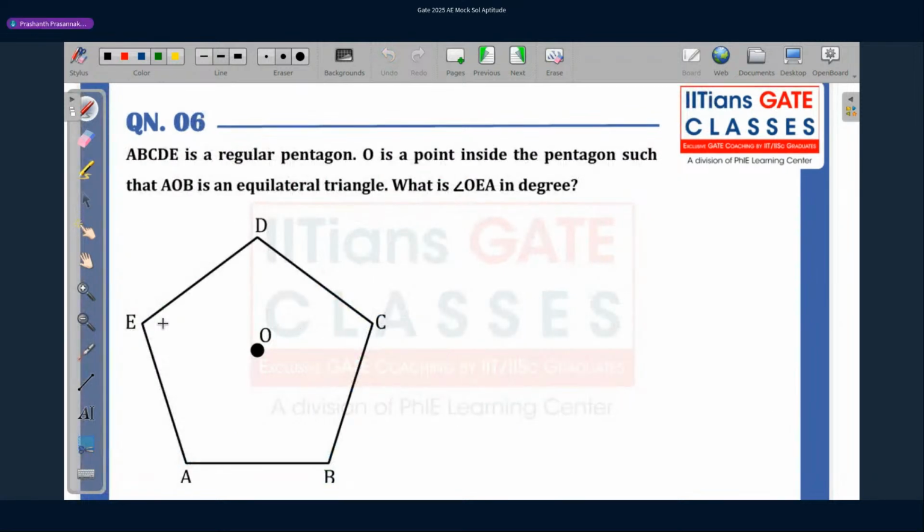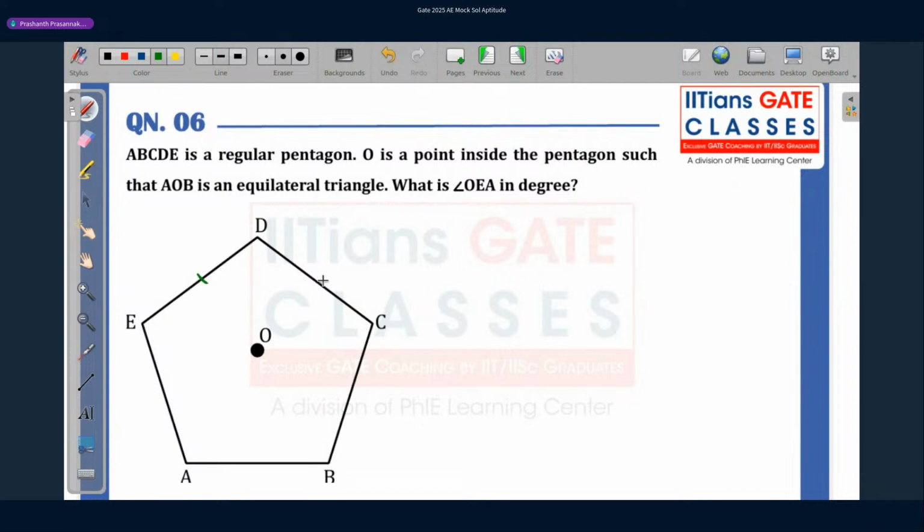Take this one. This one is clearly from geometry. I think you guys can answer this. Take a minute, try it out. We have ABCDE as a regular pentagon.